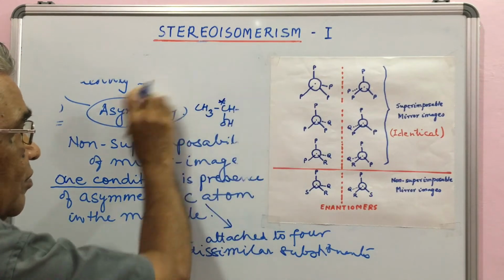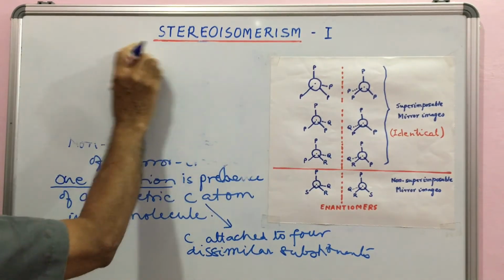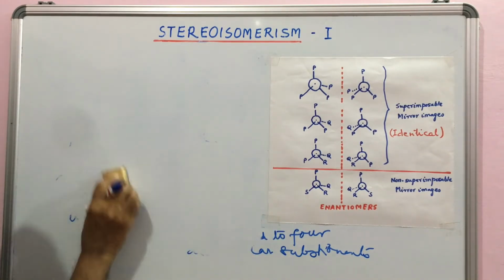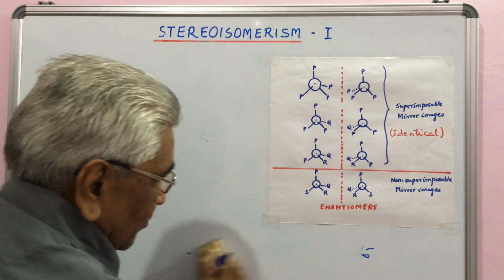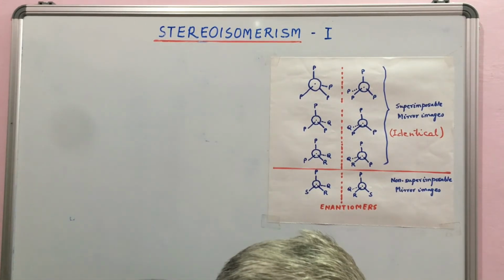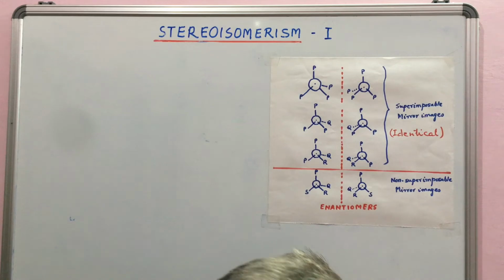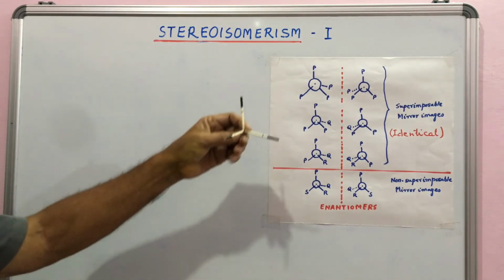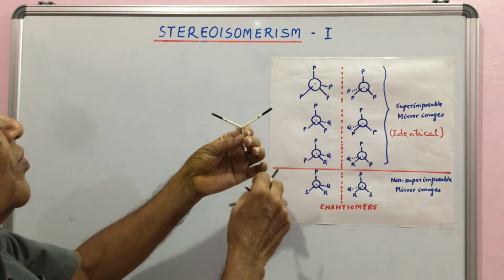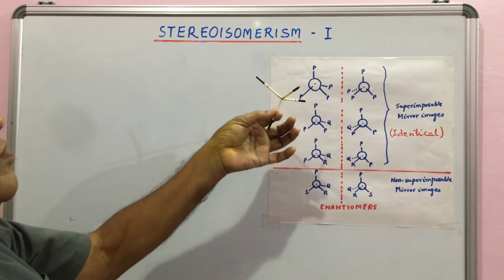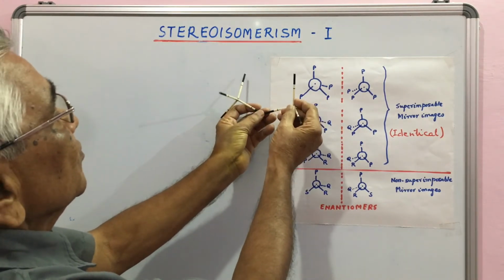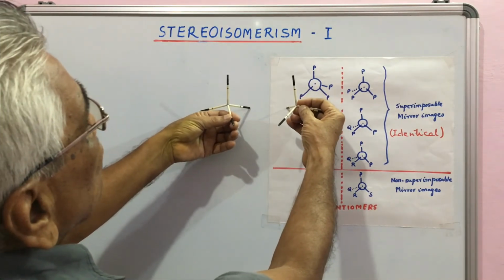Now we will take examples to show what is superimposition. I am taking a molecule first in which carbon is attached to all similar substituents. Its mirror image is this. In mirror it will be visible like this.